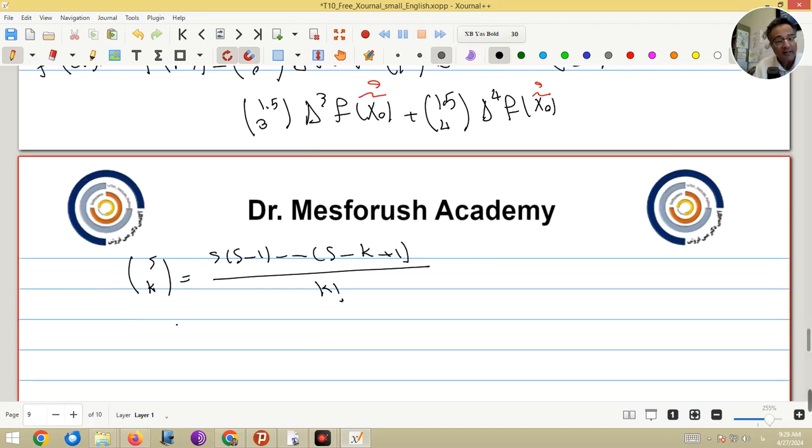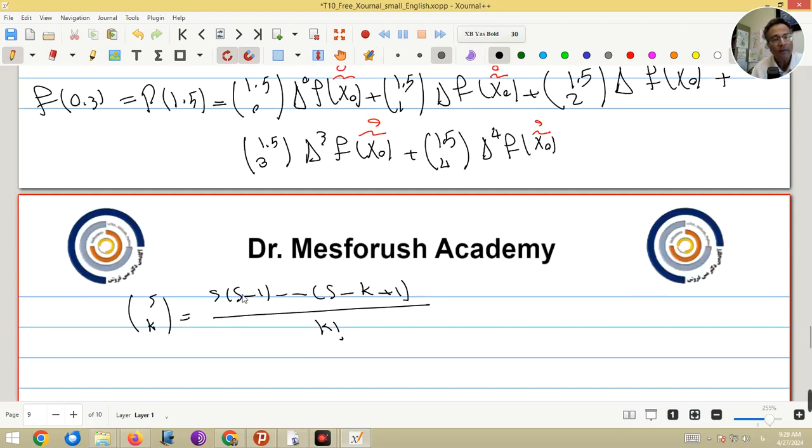Okay, so in this way, when, for example, I want to compute this one, 0 of 1.5, I should just write 1.5, okay, and there is nothing to multiply, because I have to go until I arrive to s minus k plus 1, and here k is in fact 0, so it is just 1.5, okay.